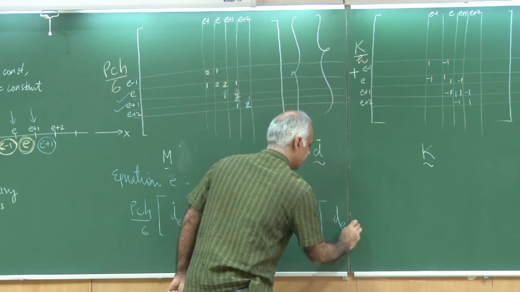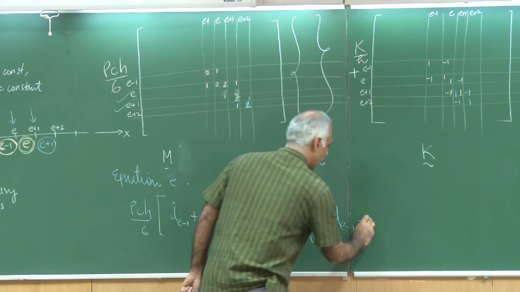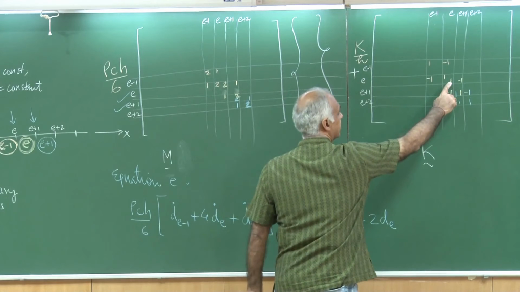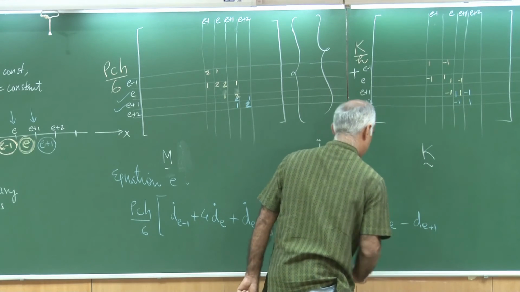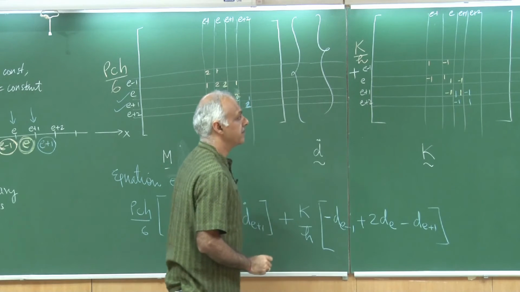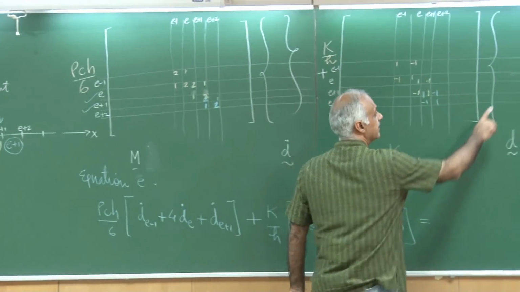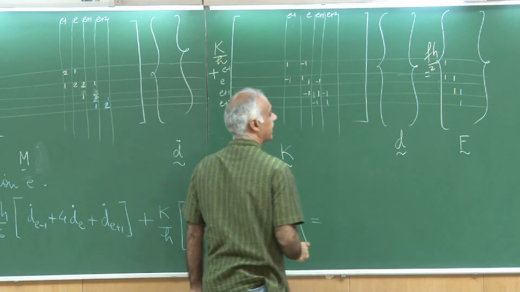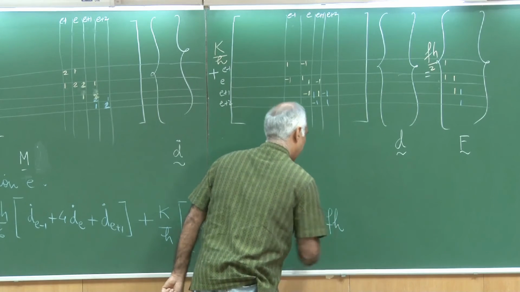So, I get d E minus 1 plus twice d E, which is this quantity, and then again d E plus 1. And as far as the F is concerned, I have F H by 2 multiplied by, again I would add them and I would get a 2. So, I simply write this as F times H.